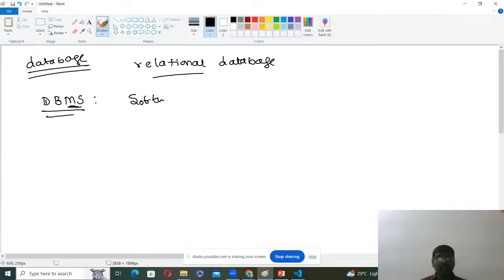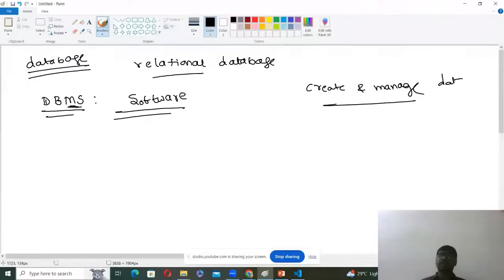Generally, a database management system is software which is used to create and manage the database. To create and manage the database, we are using a DBMS.